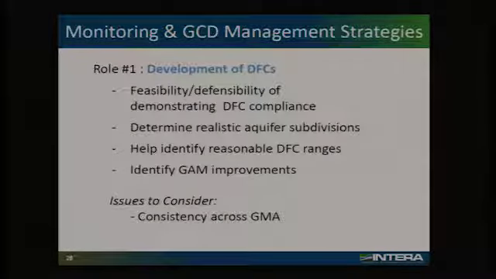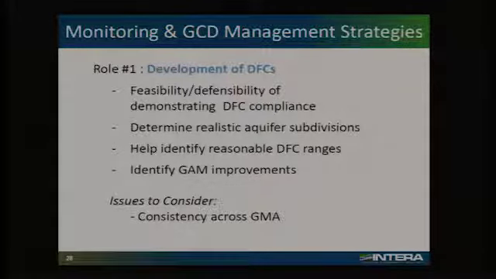One of the roles that could be important for a monitoring network is in the development process of a DFC, and basically showing, does your monitoring network help show if your DFC compliance is feasible or defensible? Are the DFCs that you're making realistic based on what you see in your monitoring network?